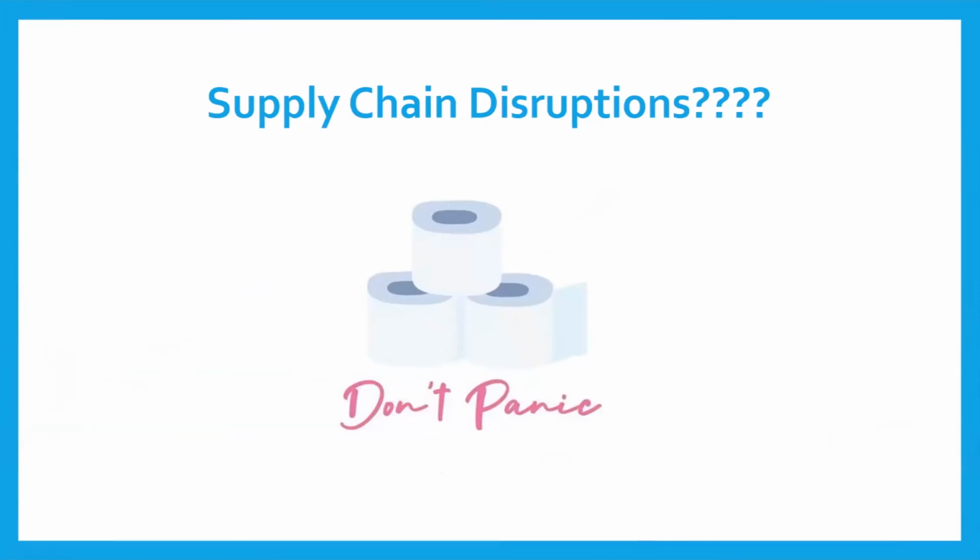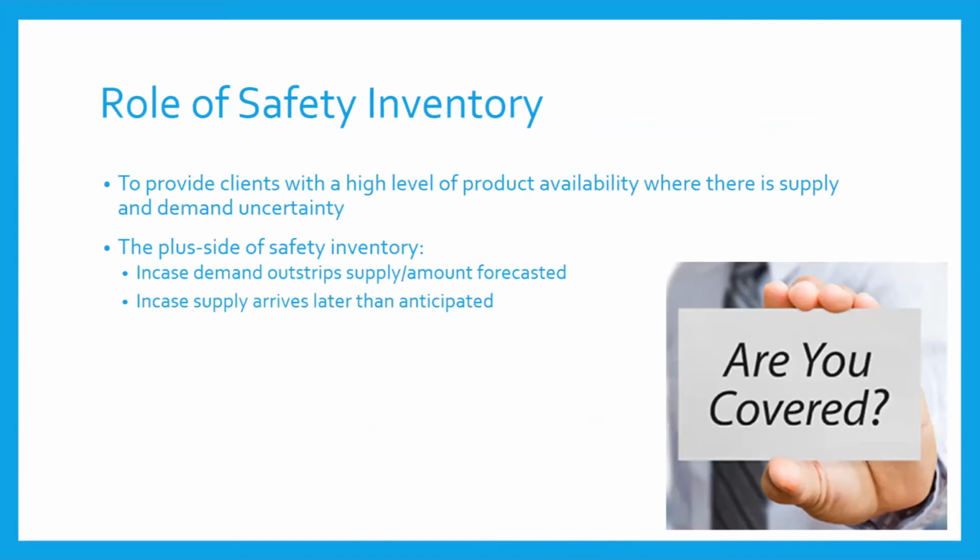There is a way in which you can handle the disruptions, and this is where the safety inventory or the buffer stock comes in. The purpose or role of safety inventory is to have that continuous supply of product availability where there is demand and supply uncertainty. And if you focused well and you have buffer stock or safety inventory, then kudos to you, because in case there's an increase in demand, you can handle that because you already have your safety stock.